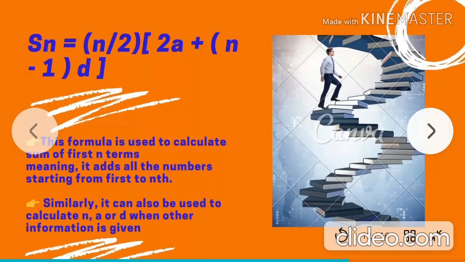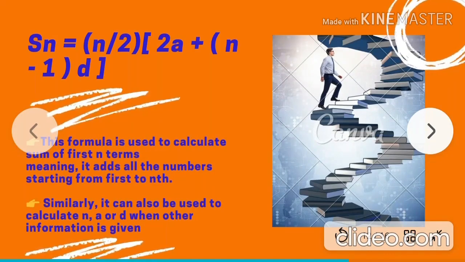The next formula is for the sum of terms in an AP. The formula for the sum of n terms of an AP is given by Sn = n/2 [2a + (n - 1)d], where a is the first term, d is the common difference and n is the number of terms.